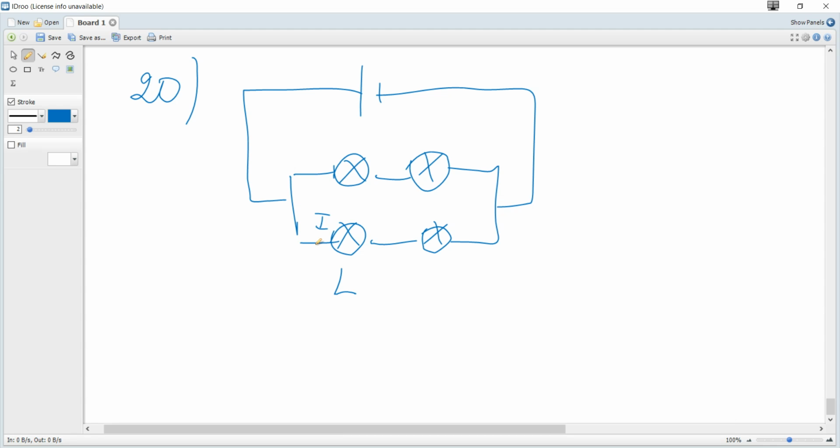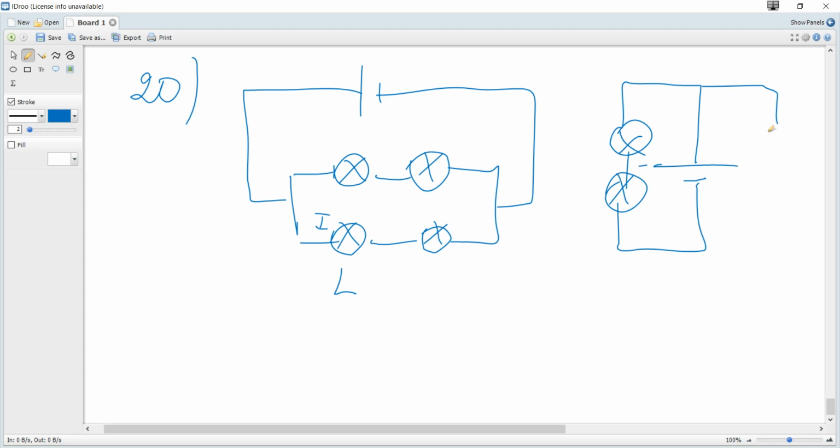The lamps are rearranged using the same cell, and it looks like this. And lamp L is here. What is the current through L?